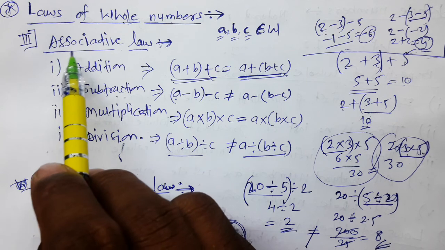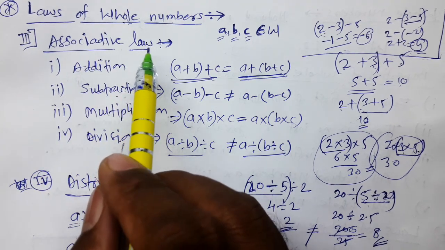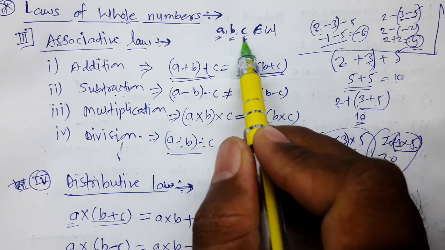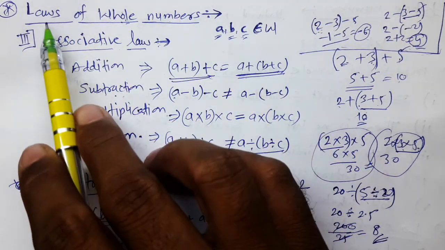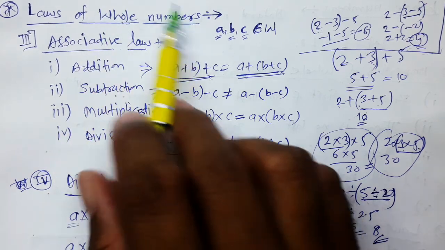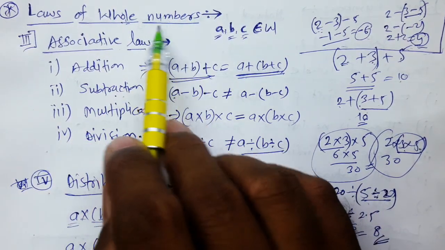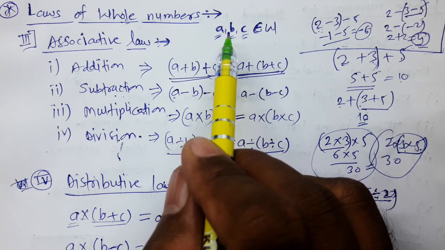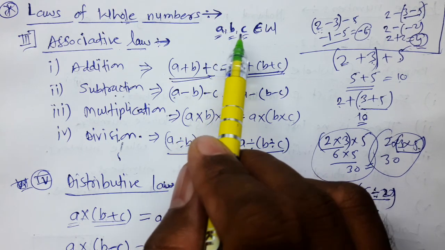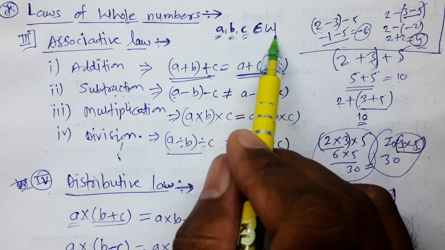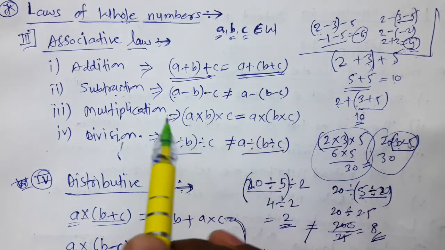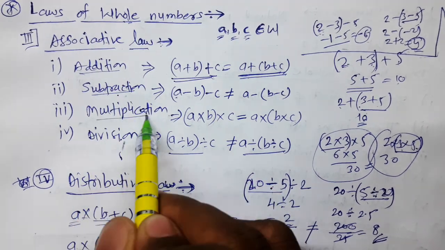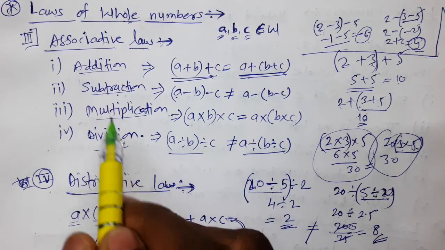Next is the associative law. In the associative law we have to take three numbers. These laws are defined on whole numbers, so a, b, c should be whole numbers, written as small a, small b, small c belongs to capital W. Now there should be an operation: addition, subtraction, multiplication or division.